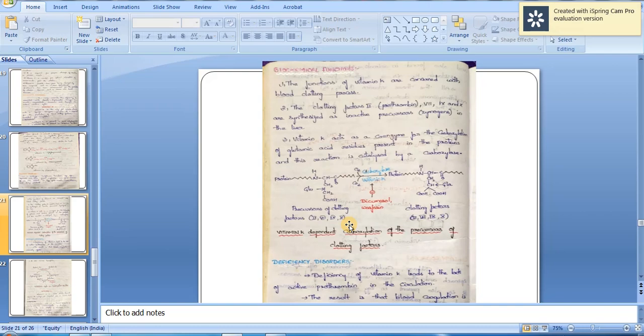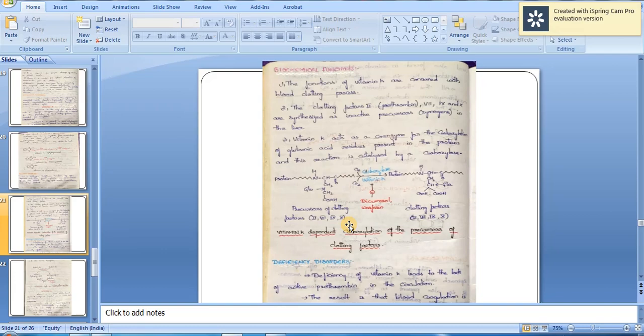Carboxylation occurs on glutamic acid residues present in the proteins, and this reaction is catalyzed by carboxylase in the microsomes.